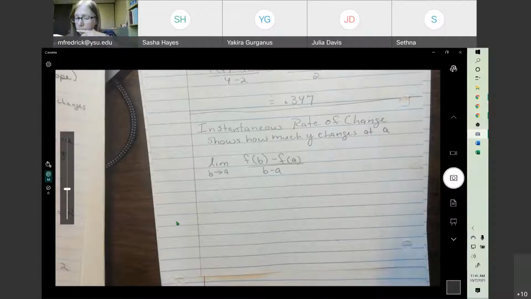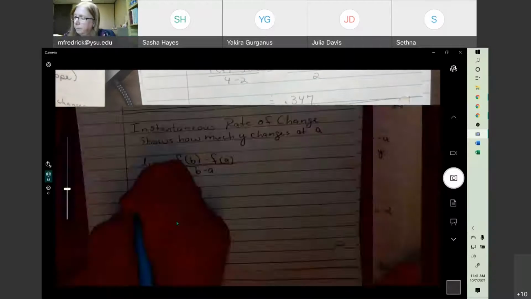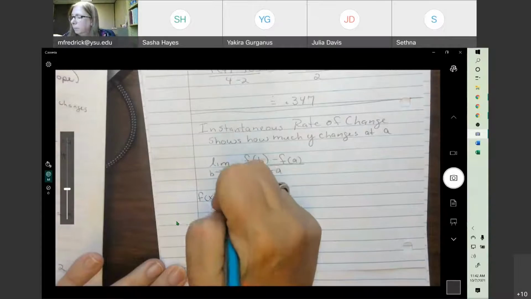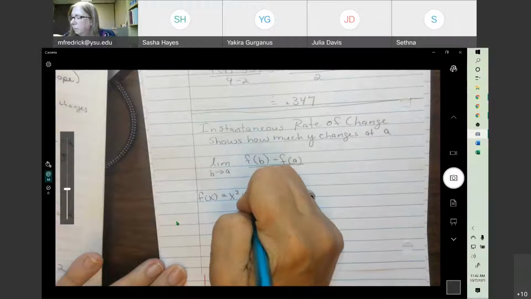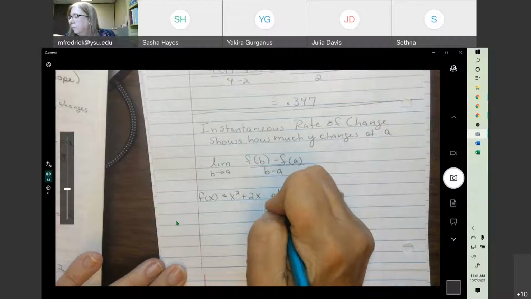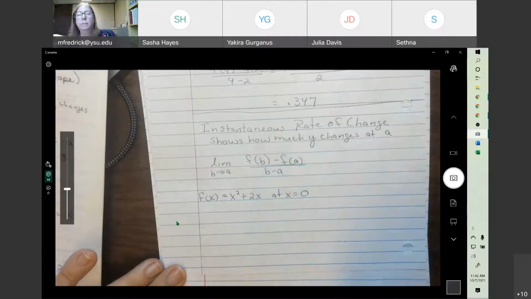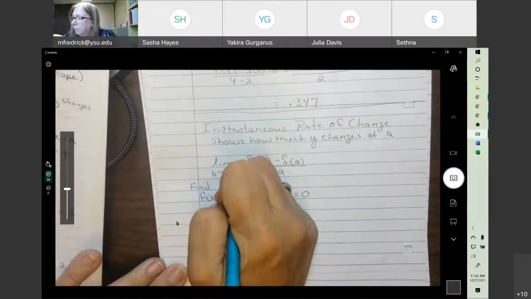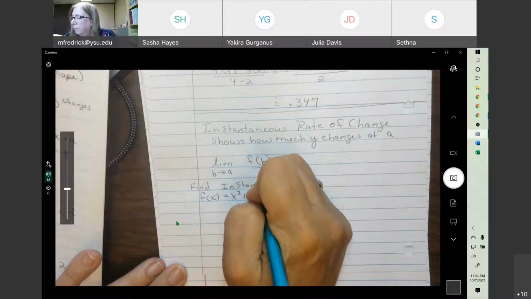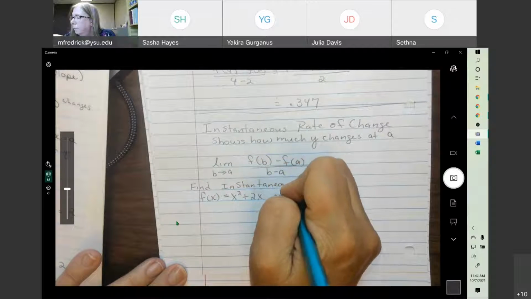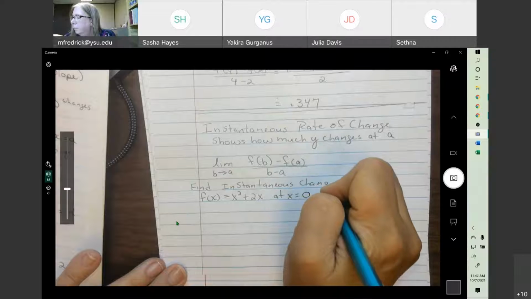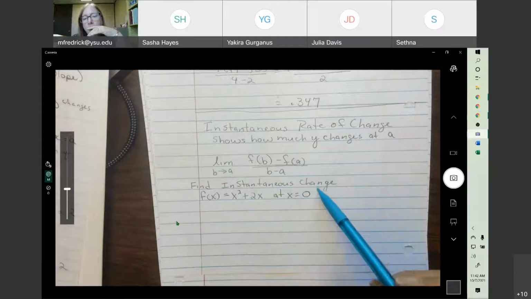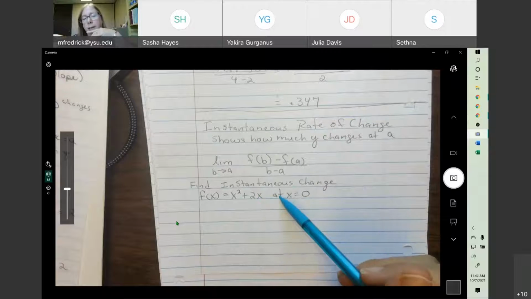Give you a minute. So we want to find the instantaneous change of this function at x equals 0.